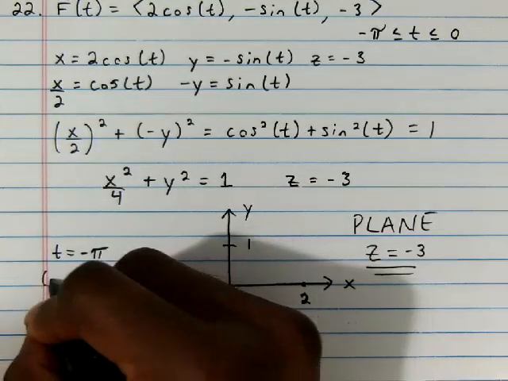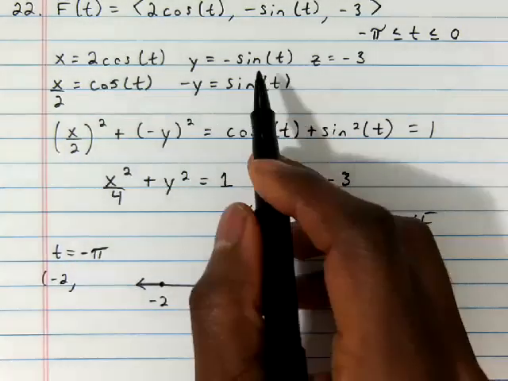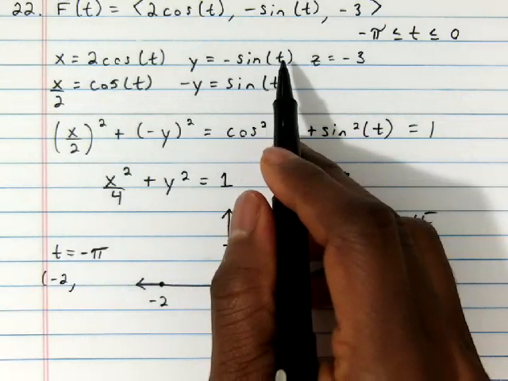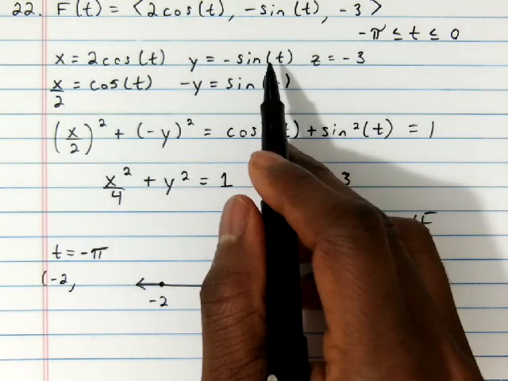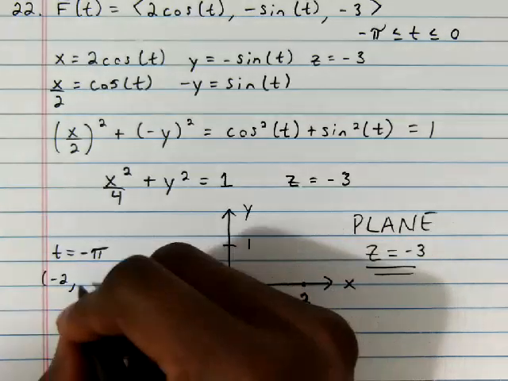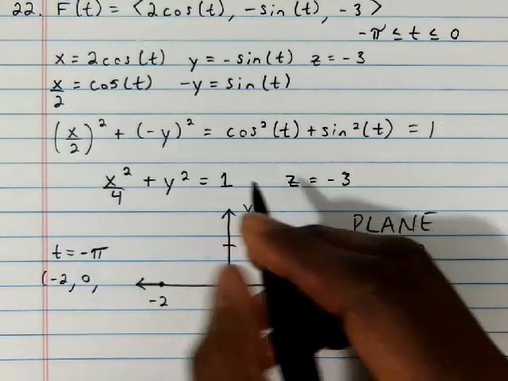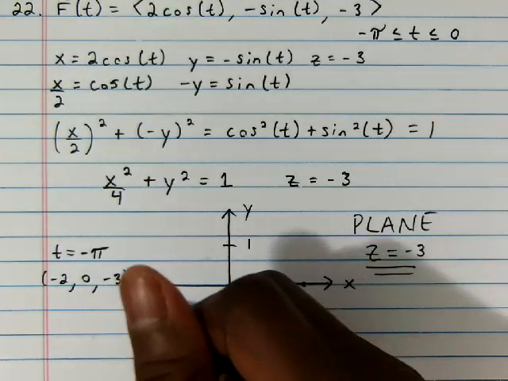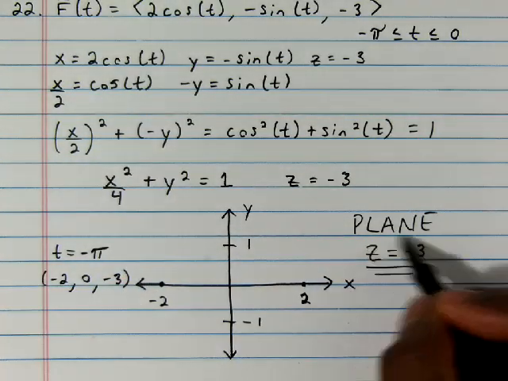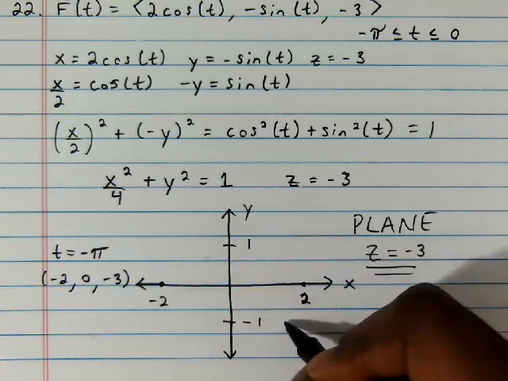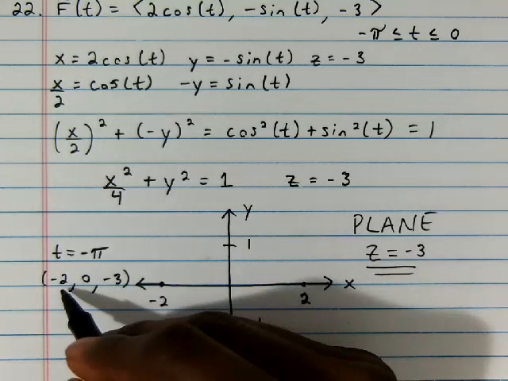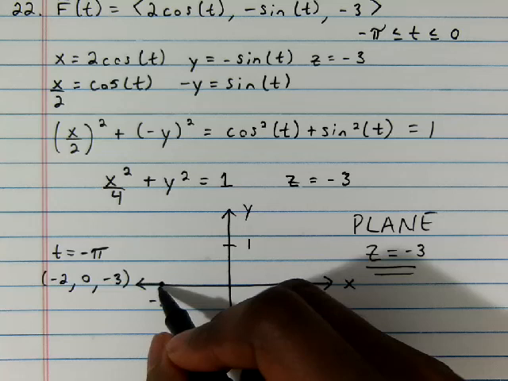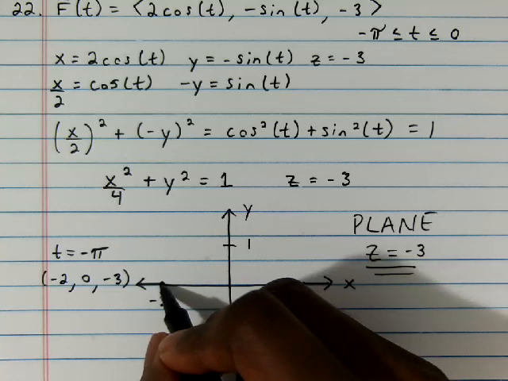So I'm going to get -2, comma, and then negative sine of -pi is the same as the sine of pi, which is going to be 0. And then z is always -3. So at t equals -pi, I already know my z was -3. That is what I drew. My x is -2 and my y is 0. So I'm right there at t equals -pi.